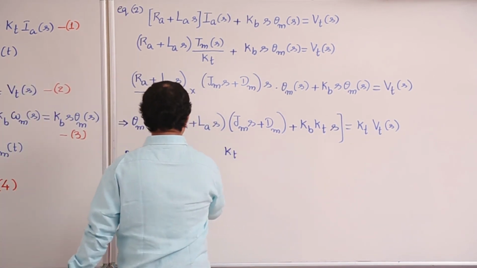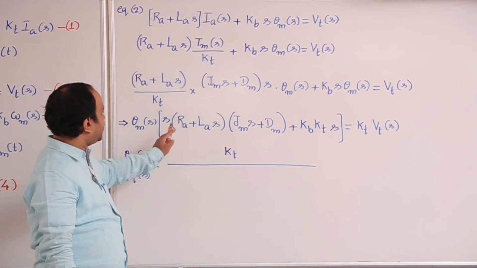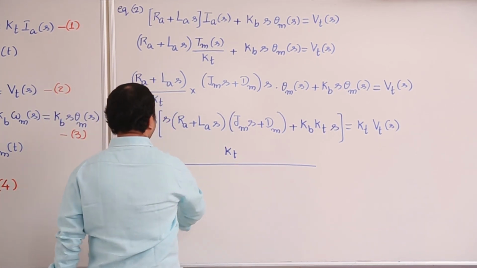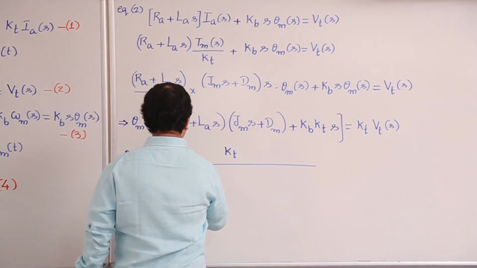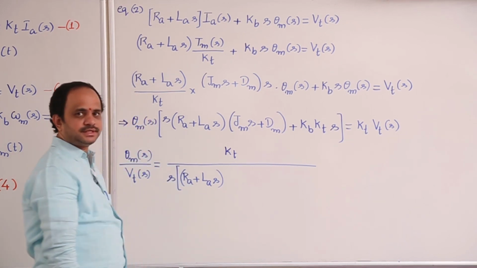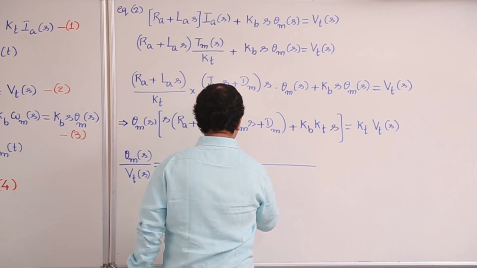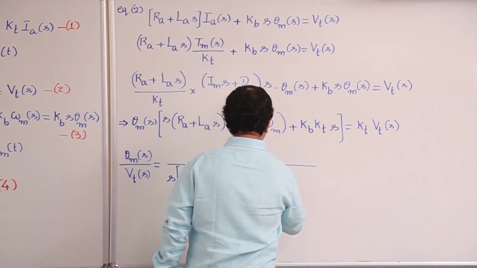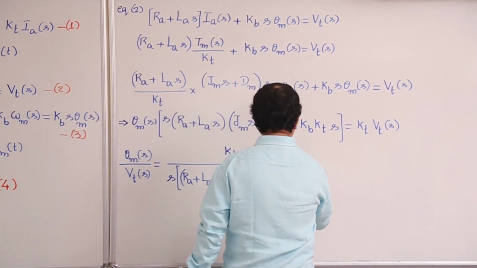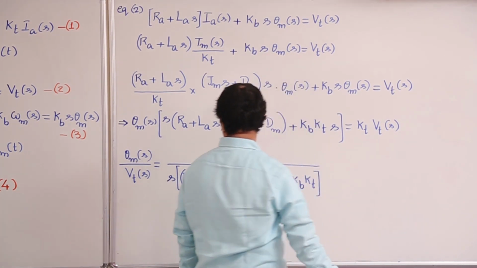Kt divided by, now in this total term I can take S term outside, therefore S multiplied with Ra plus La into S, that is one term, into Jm S plus Dm, plus Kb Kt.